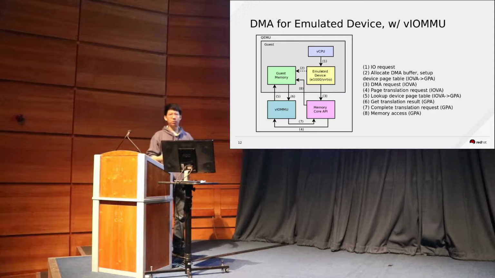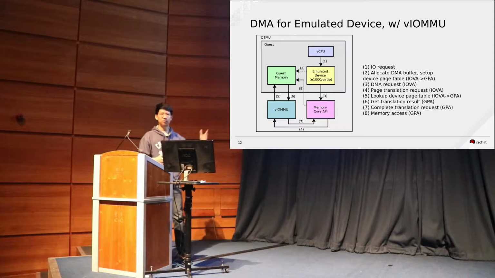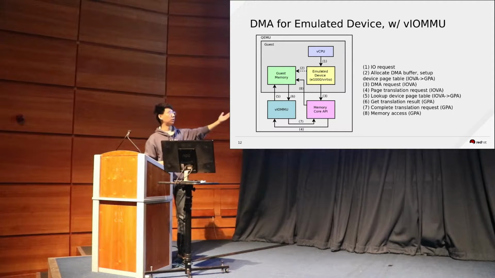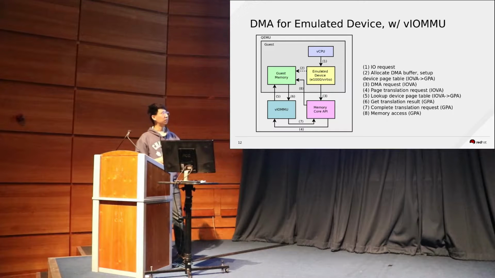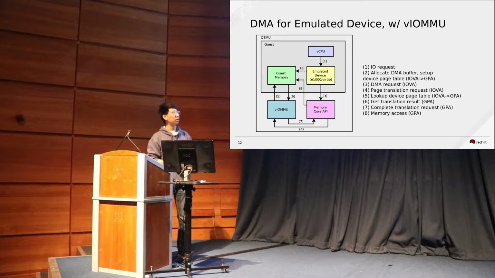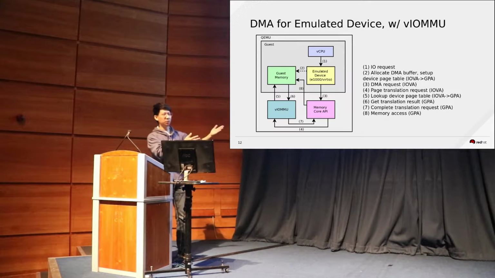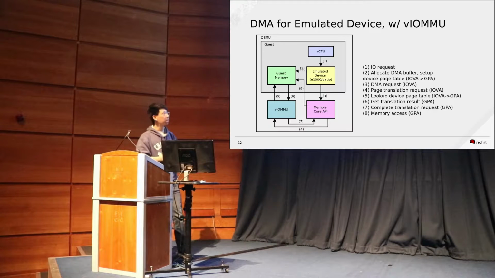And this time, the memory core API will not understand what that address is because it's an IOVA address. I think I skipped some of the terms of IOMMU, assuming that you know IOVA, which is the IO virtual address for the IOMMU for the devices.